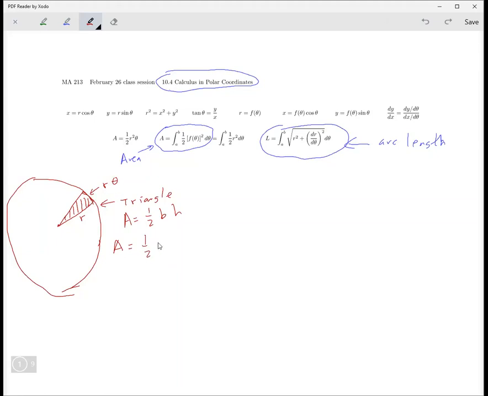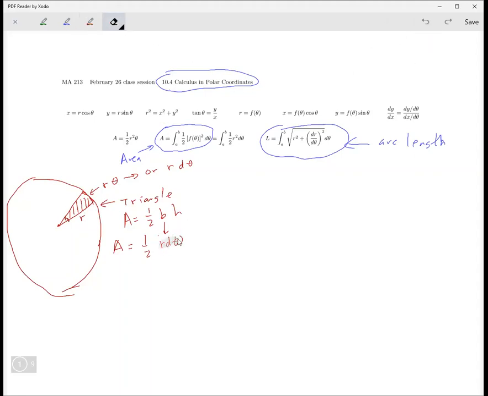When you're really small, the base is r d theta. So this angle right here would be d theta, and your base would be r d theta. Wait, I got that backwards.